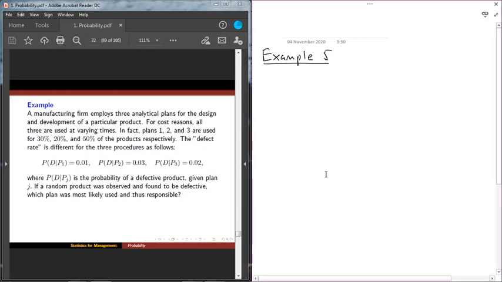So first of all, you can see that they have given you the probability of each plant for the product, and also the probability of defect of each plant.